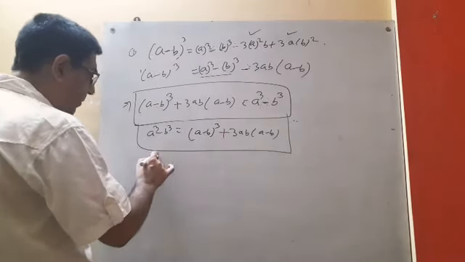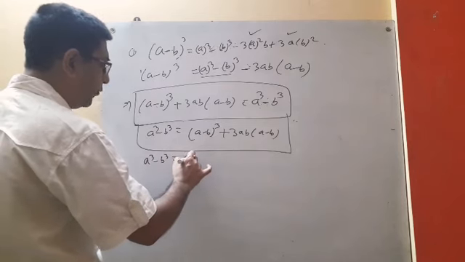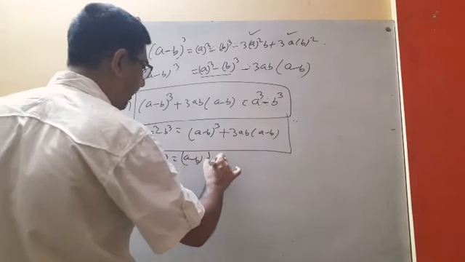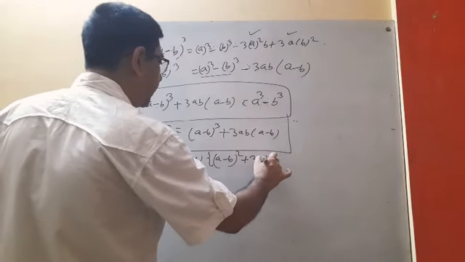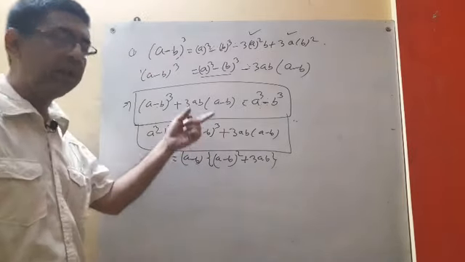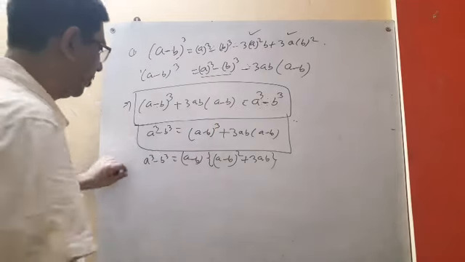Now these can be written like this. If you take a minus b common, we are getting a minus b whole square plus 3ab, as we have done already in case of a cube plus b cube.